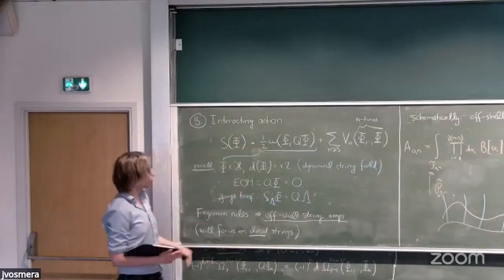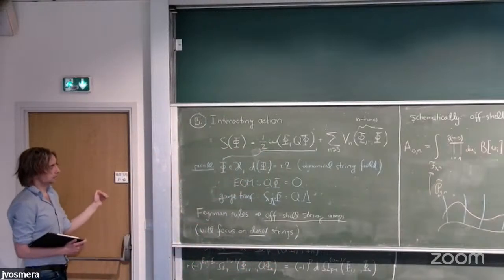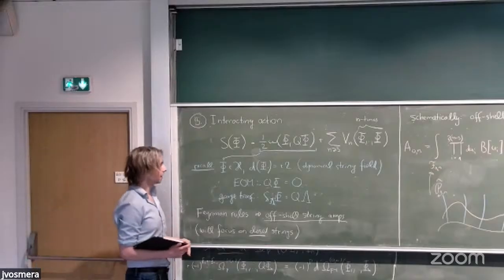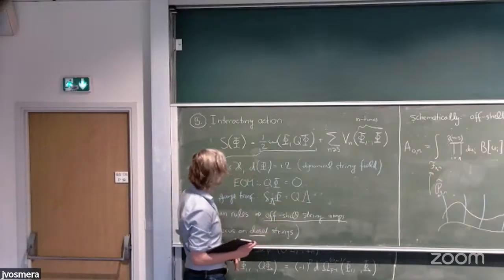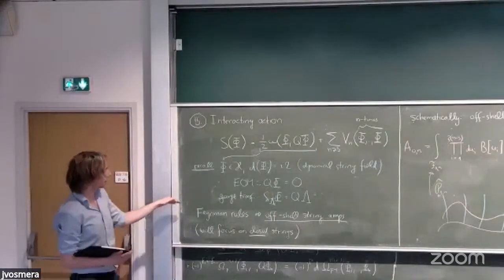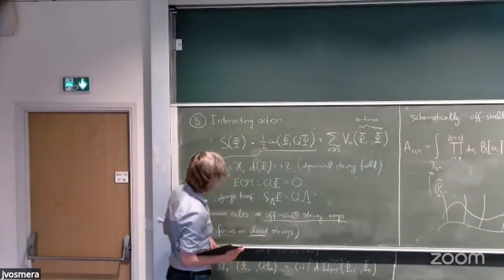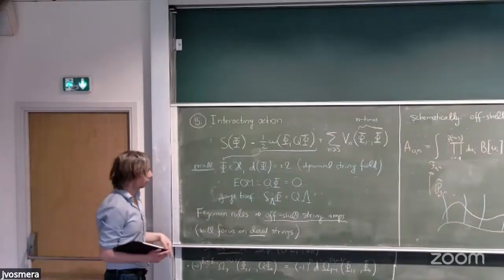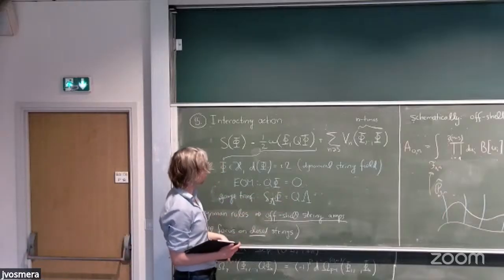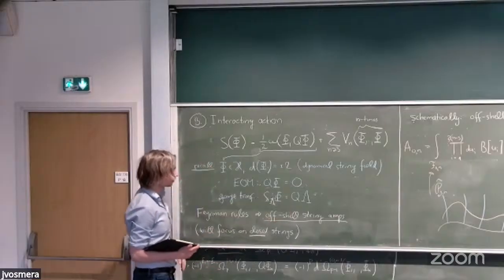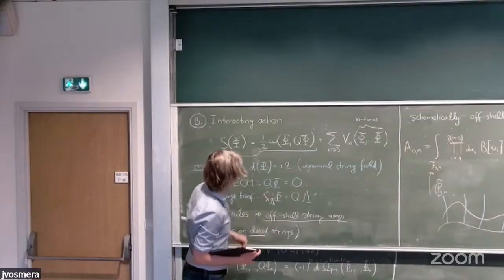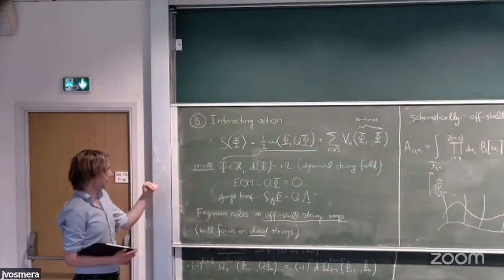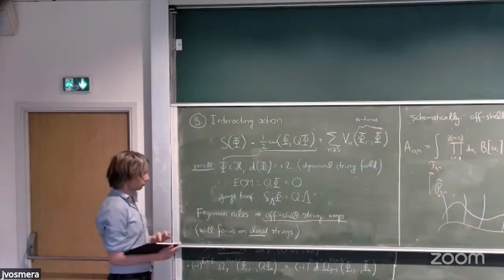And the freedom in shifting the state by a BRST exact state was precisely reflected by the fact that this kinetic term enjoys a gauge symmetry under gauge transformation, which is precisely a shift of the string field by something Q exact, where lambda was yet another string field, this time arising at degree plus 1, which plays the role of the gauge parameter.